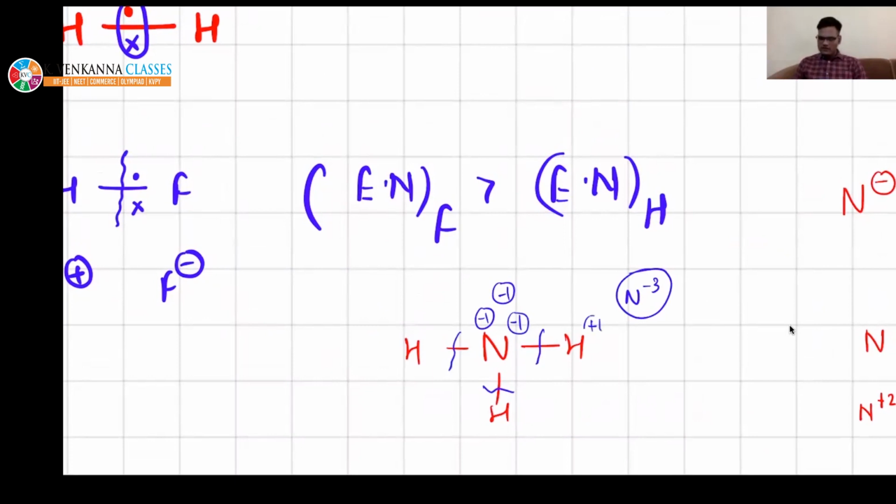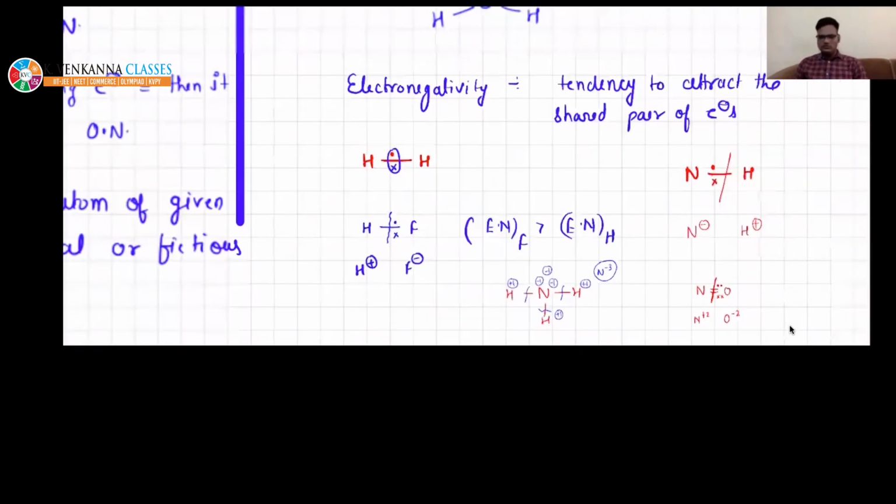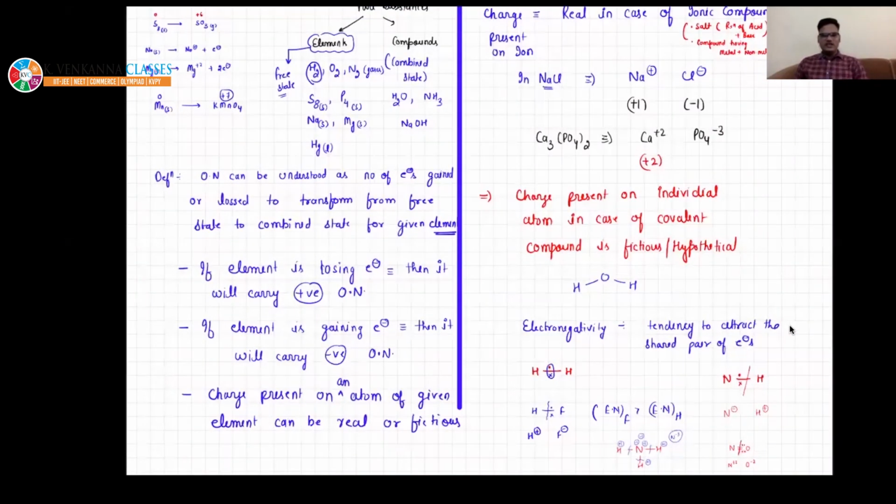And each hydrogen will have +1, +1, and +1. Is that okay, beta? This point is clear. Quickly. Yes, Deepka. Okay, fine.